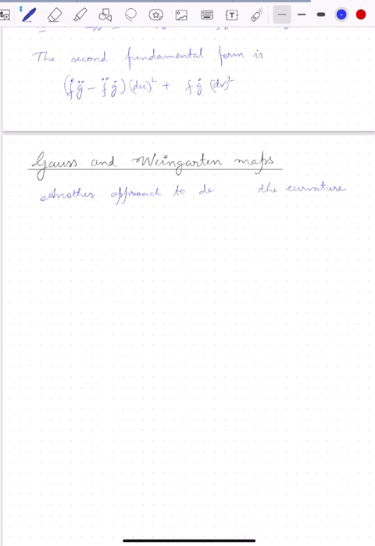Another approach to define the curvature of an oriented surface is to consider its unit normal, which is given by n vector.